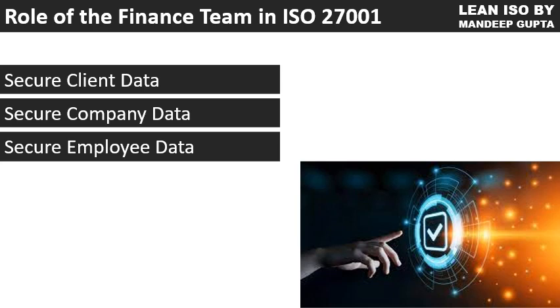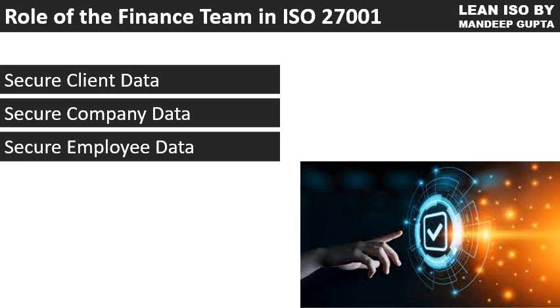Third one is employee data. Employee salaries, employee PF or anything, like the deductions which are happening. So any financial data of the organization is with the finance team. So they are the most important people and they are the most important team for any organization.